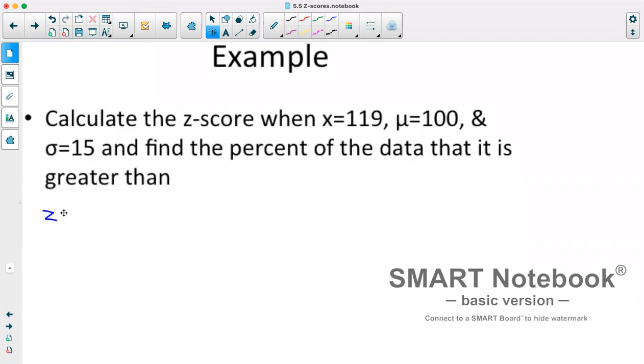So we've got Z is equal to our data point minus our mean divided by our standard deviation. So we have Z is equal to 119 minus 100 divided by 15.